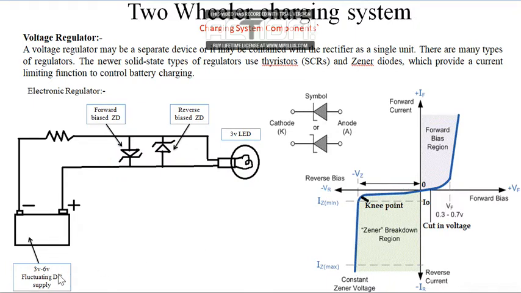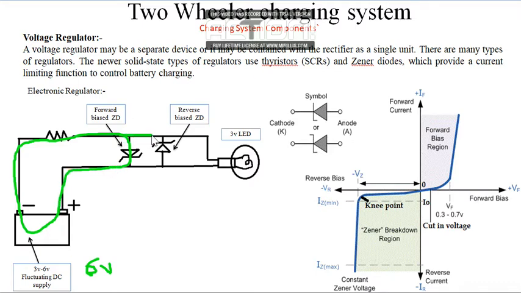Similarly, we can take another case. If my source is supplying 6 volt, the current flows in this fashion, this forward bias diode conducts all the way.